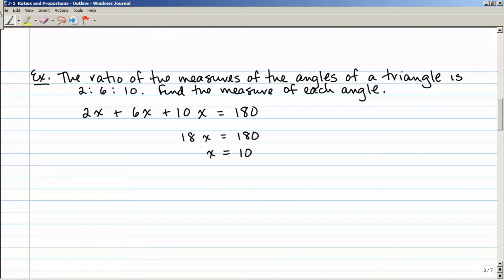So 10 is the number that I multiply by 2, 6, and 10 to get each angle. So one angle, 2 times x, is 20. Another angle, 6 times x, is 60. And the last angle, 10 times x, is 100. So the three angles are 20, 60, and 100, and those do indeed add up to 180.